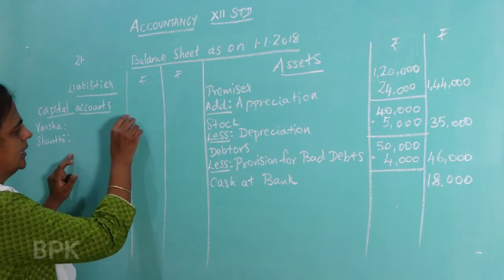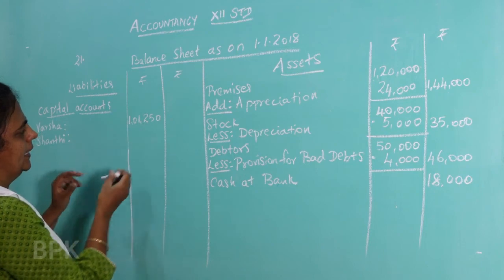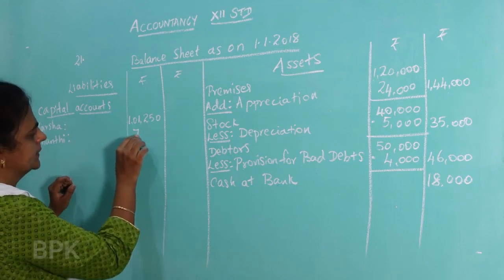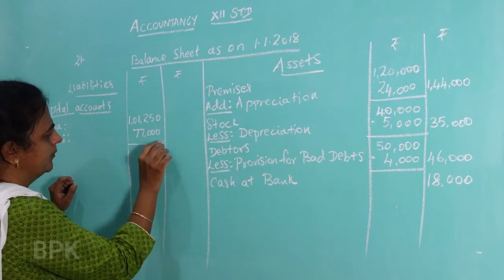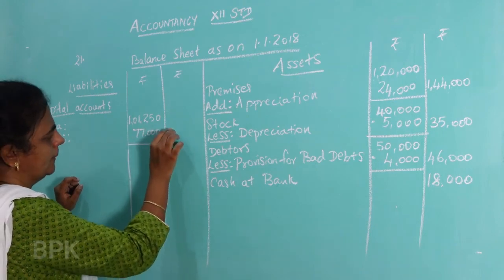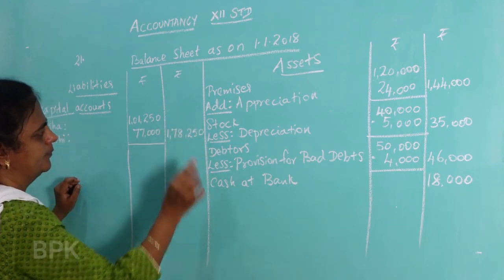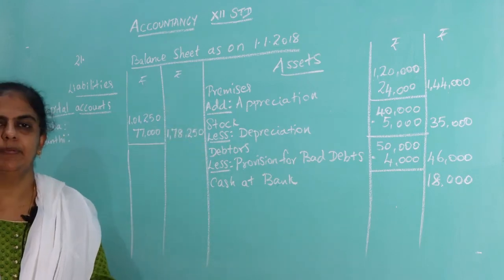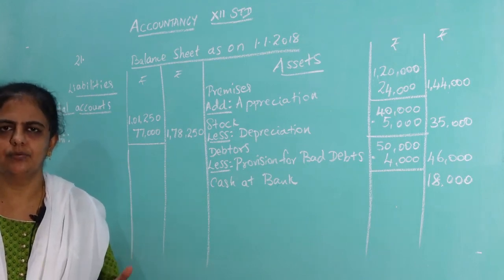So that is for Varsha 1,01,250 and for Shanti it is 77,000. So add both and put it in the outer column, 1,78,250.